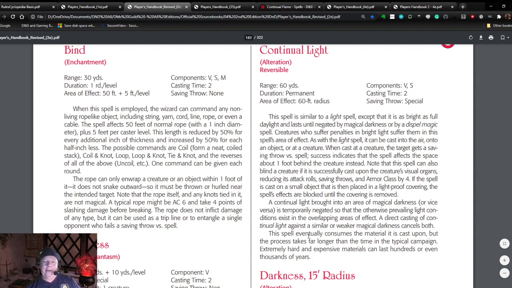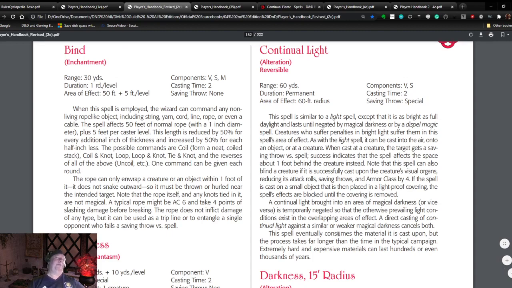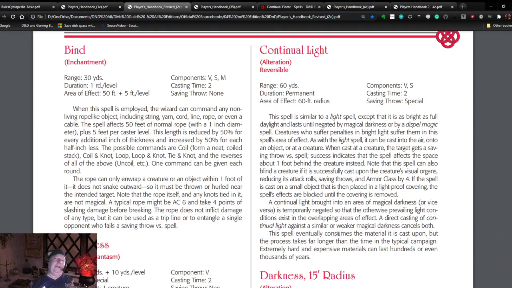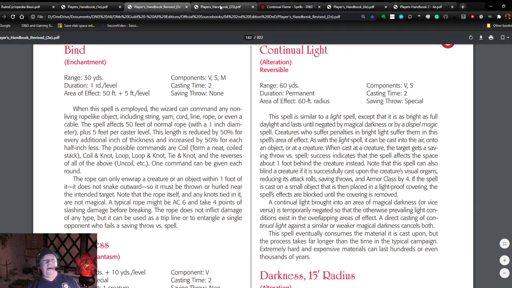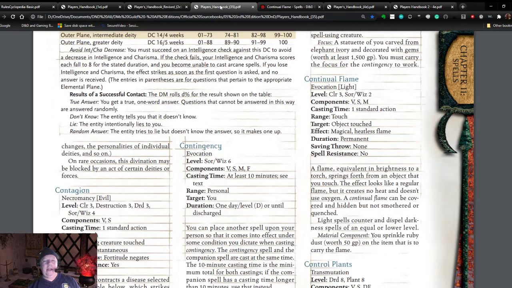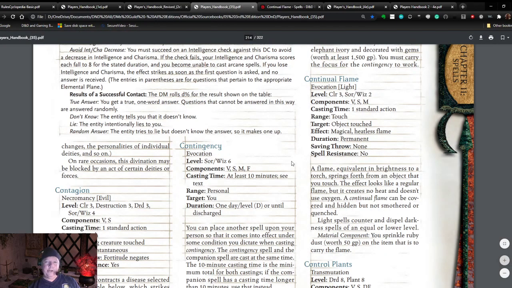Direct casting of continual light against similar or weaker magical darkness cancels both. So it will cancel the darkness and cancel the continual light. Then in third edition, this is where it changed from continual light to continual flame.